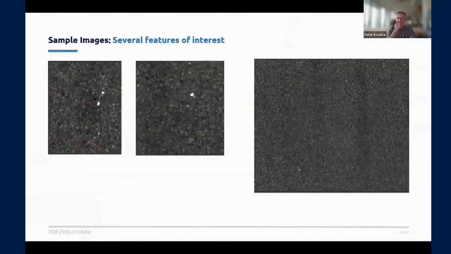I'm not going to load 1 million images. So maybe just to get started, here are some sample images. Some of the things that we see, this one on the far right is kind of interesting. You see these black stripes that recur on the roll. We're not quite sure what those might be.